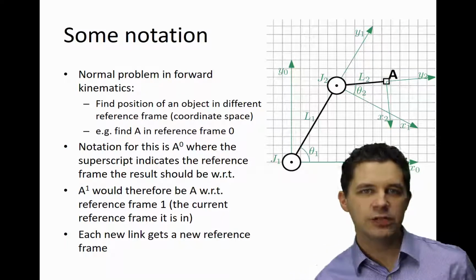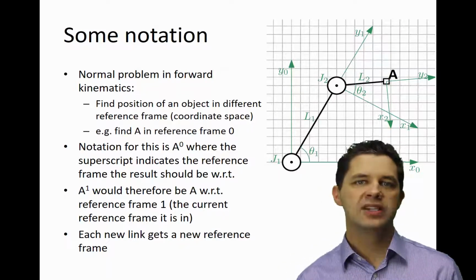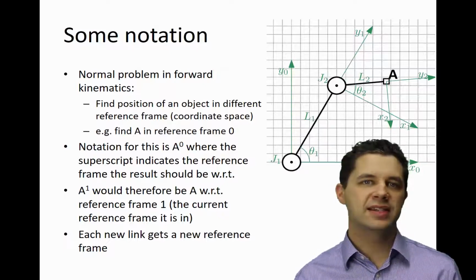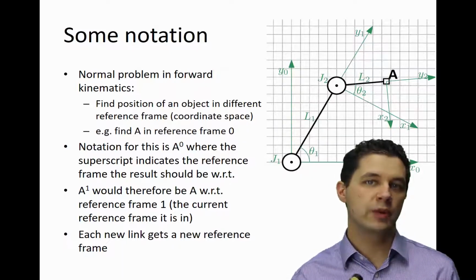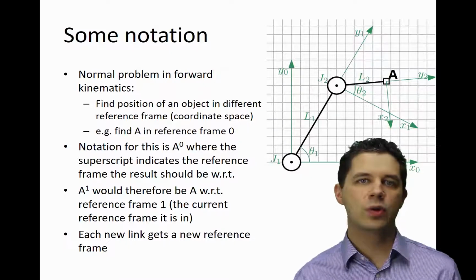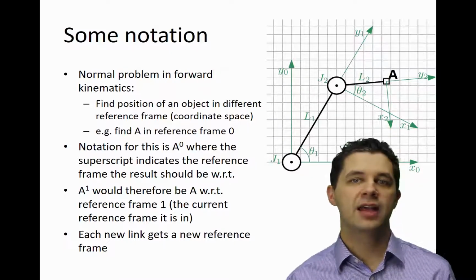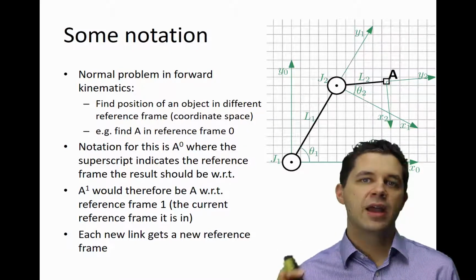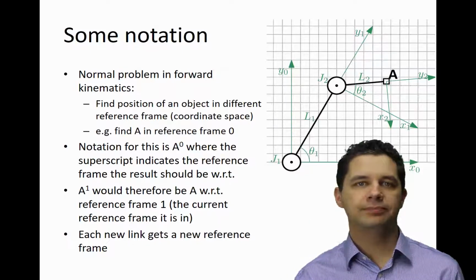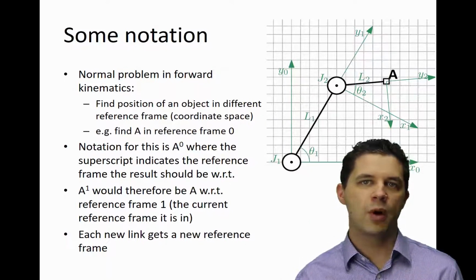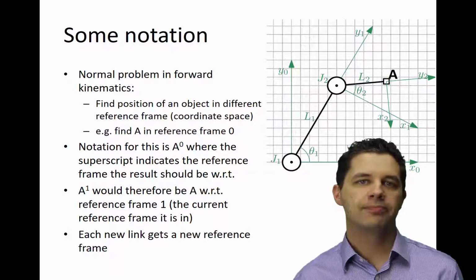So we have a certain notation for this to make it simple for us. We say this is A0, where our superscript indicates the reference frame that we want the result to be with respect to. So A1 would be, which is also perfectly valid, is the position of A in reference frame 1, which is represented by x1 and y1.